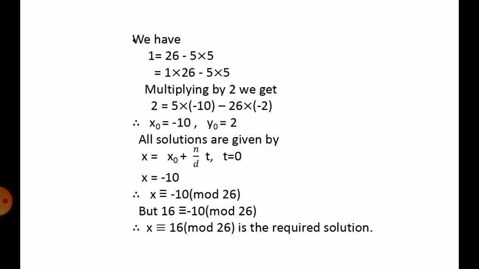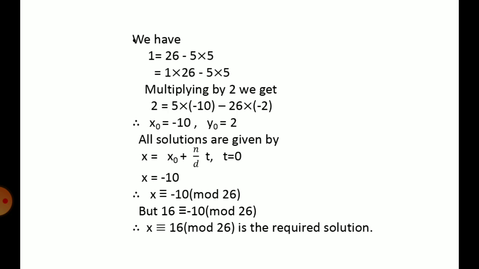Remember that if the value of d is 2, we have to consider the first two values of t, that is, t equal to 0 and 1. Already we have seen this in the Diophantine equation.